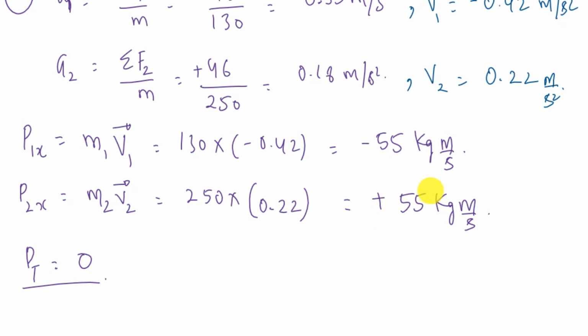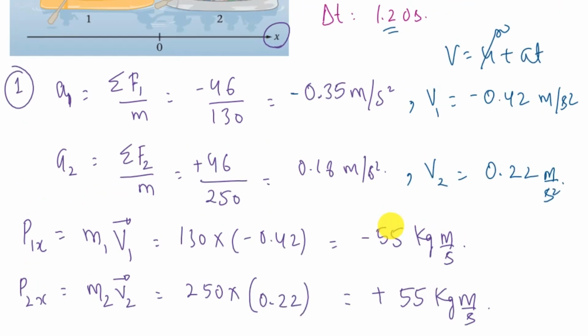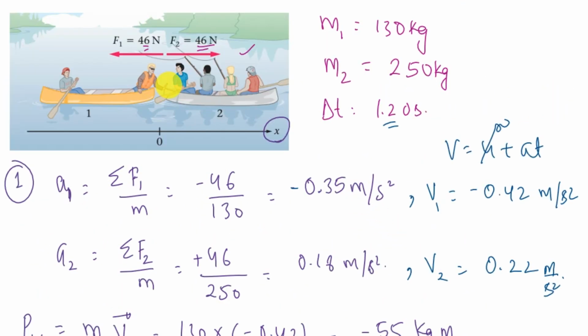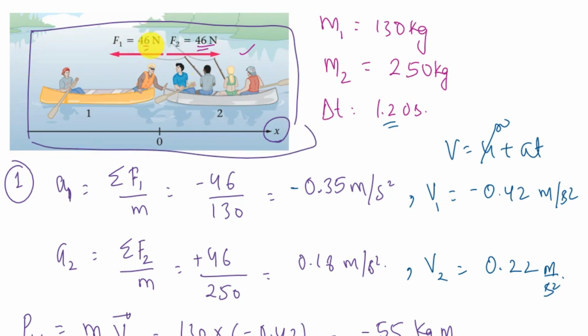Correct? And why is this total momentum 0? Because initially the momentum for these two canoes was 0. Initially they were at rest, and after this person pushes on canoe 2, if we take this as our system, then this force becomes an internal force.